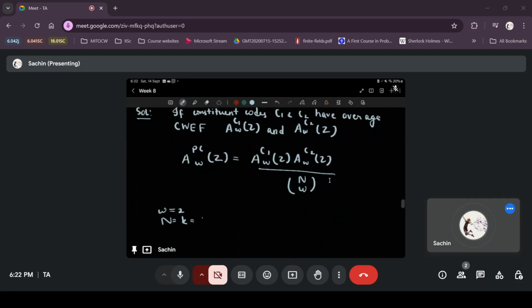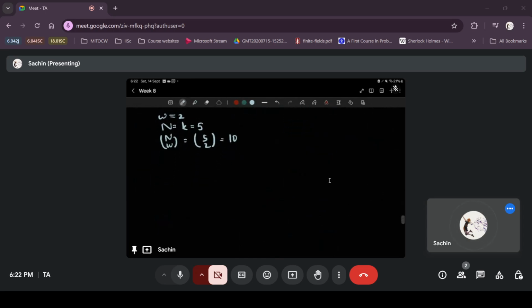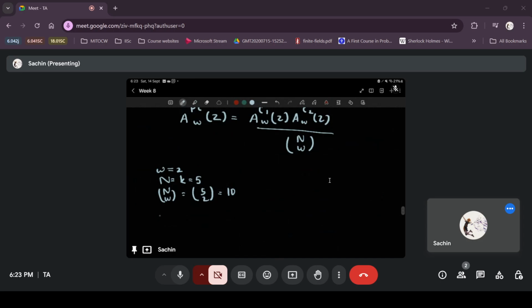So K is 5. That means interleaver size is also 5 here. So N choose w is 5 choose 2, which is 10, and C1 and C2 are both the same SPC we saw in question 1.